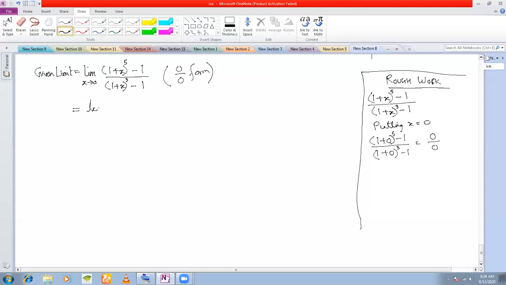What you do is limit x tends to 0 of ddx of (1 plus x to the power of 5 minus 1) divided by ddx of (1 plus x whole cube minus 1). L'Hospital's rule.